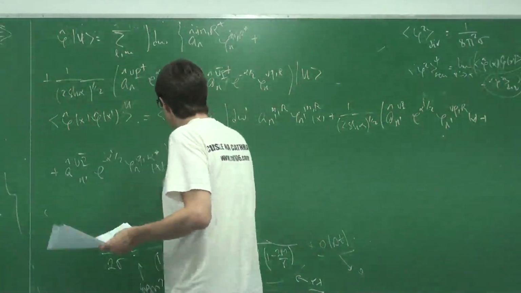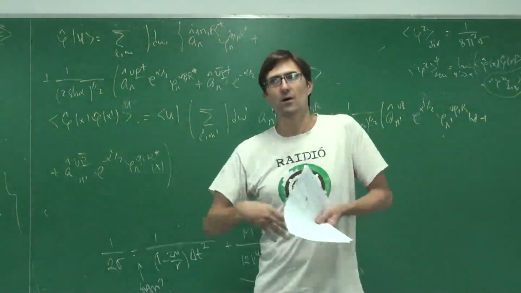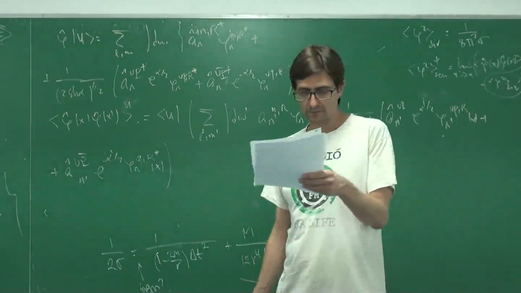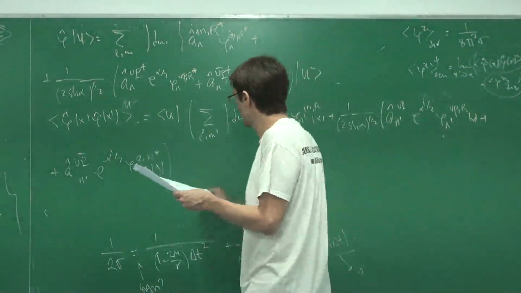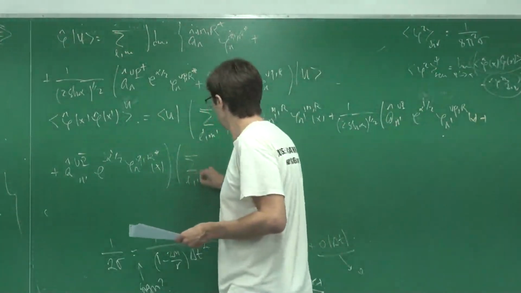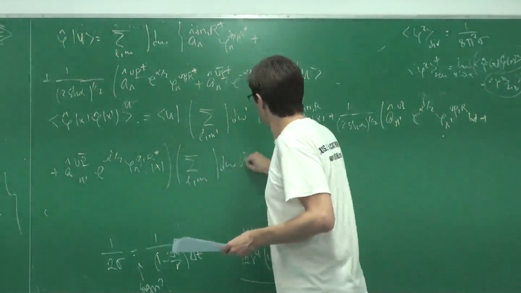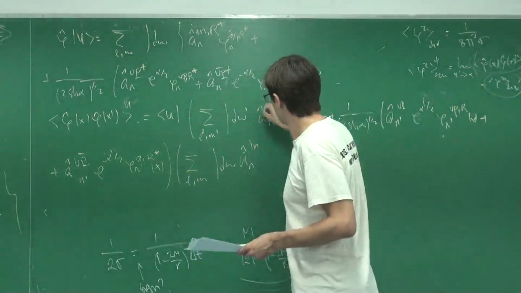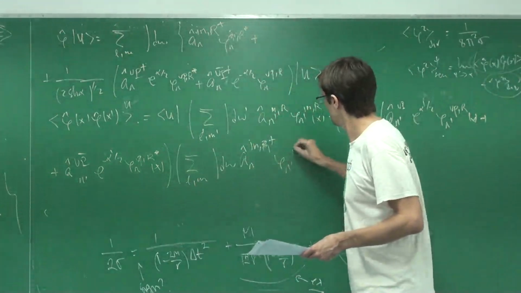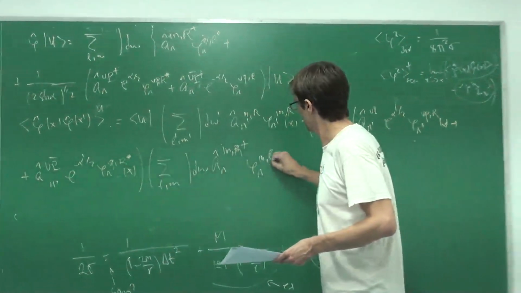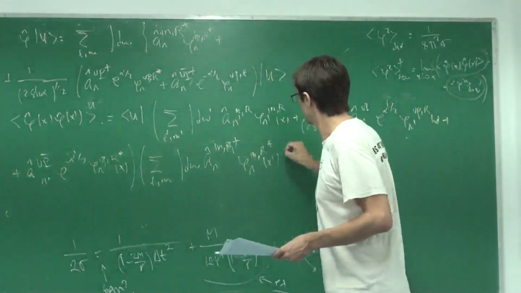And then the same thing again, instead of primes, unprimed indices, and the Hermitian conjugate of this. So sum over L, M, omega, A lambda in R, Hermitian conjugate, phi lambda in R at x primed, complex conjugate.